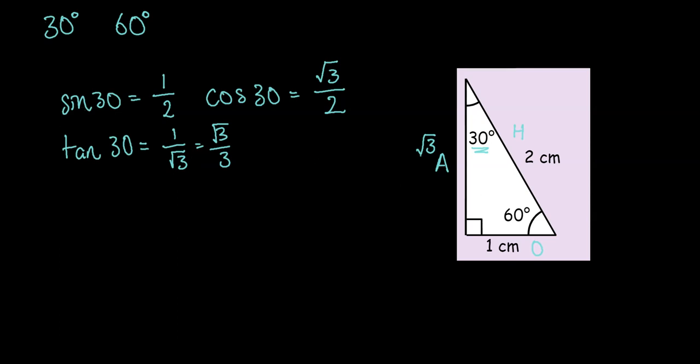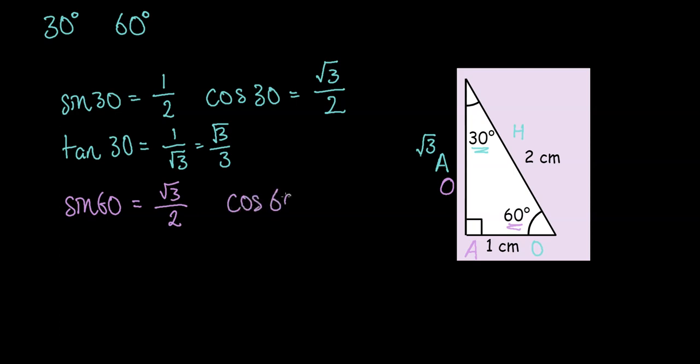So let me just change color, and we will deal with 60 degrees now. So this time, my adjacent is this side. My hypotenuse, of course, stays the same, but now my opposite is the side that is root 3 in length. So sine of 60 degrees is going to be my opposite, which is root 3, over my hypotenuse, which is still 2.